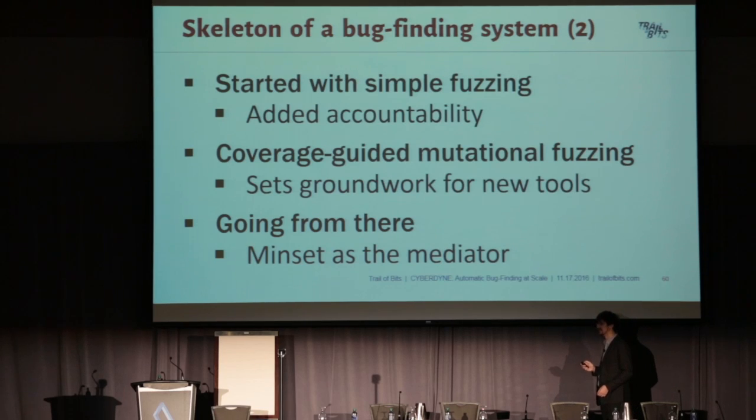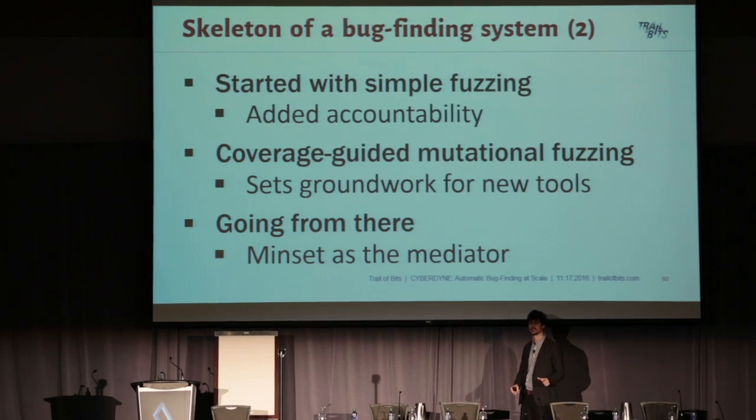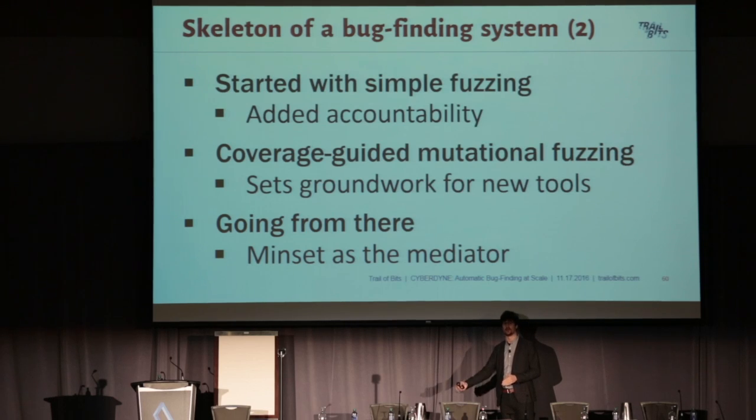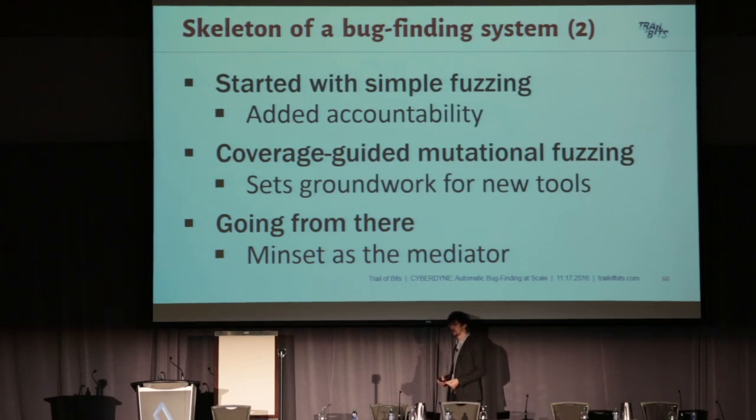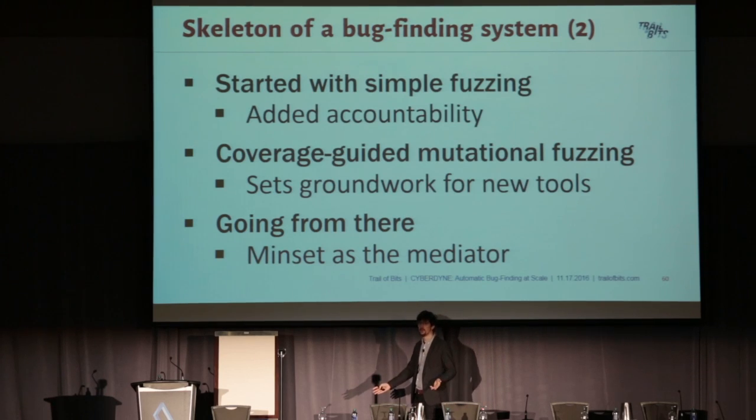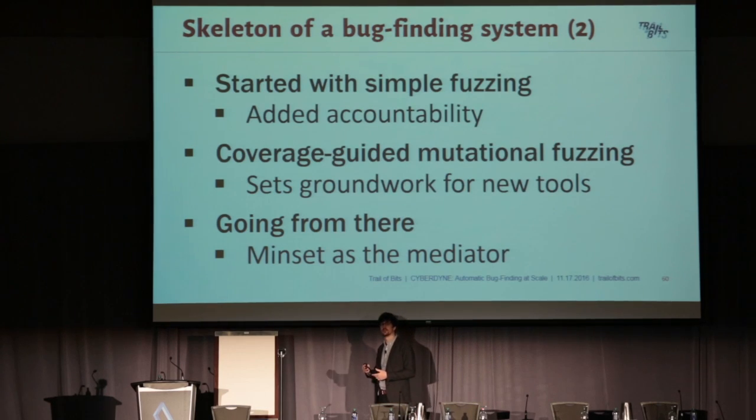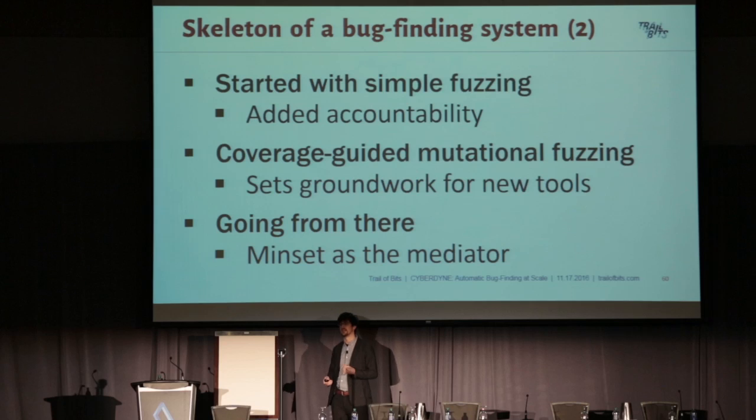So what we've seen is that we started with a very simple fuzzing campaign setup. We started with just taking seed inputs. We mutate them. We hope that crashes will fall out the other end. And then we observed that the problem was that we could just spend our whole lives waiting for those to find bugs, and we would never know if progress was being made.